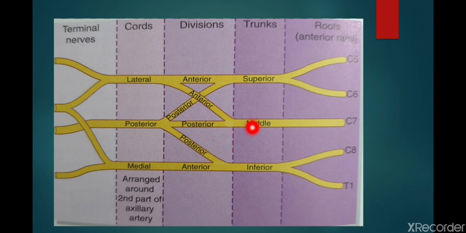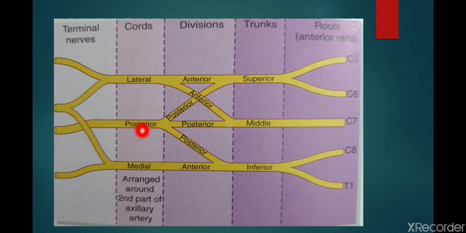Okay, now we have three anterior divisions, right? From each trunk we have one anterior division each. So there are three anterior divisions. The anterior division of the superior trunk and the anterior division of the middle trunk will form the lateral cord. Okay, so anterior division from superior and middle trunk forms the lateral cord.